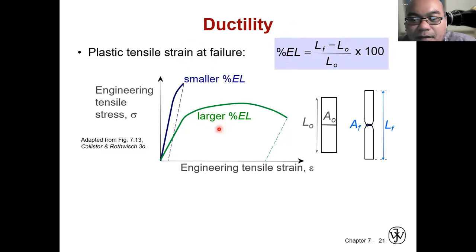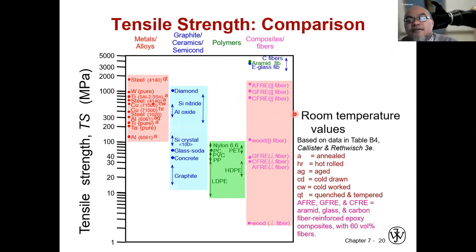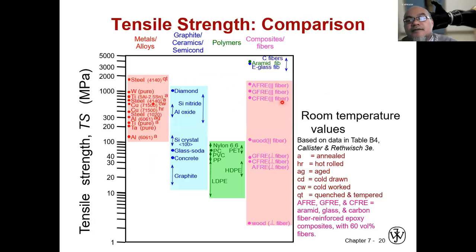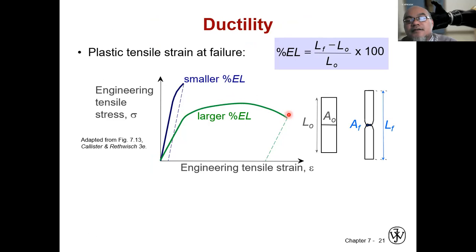For example, with a ductile material like most metals, after the elastic region it will reach the yield strength here, then the tensile strength, the ultimate, at the peak of the curve, then immediately to fracture, the fracture or ultimate strength, where it just breaks.